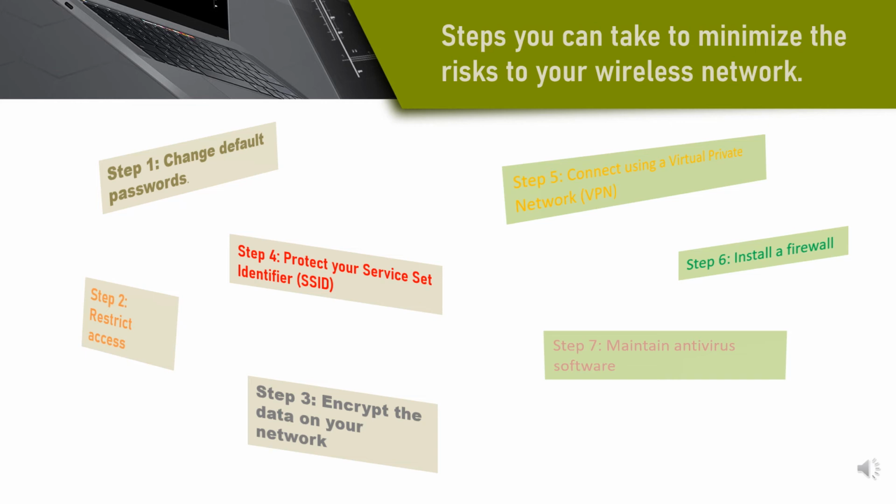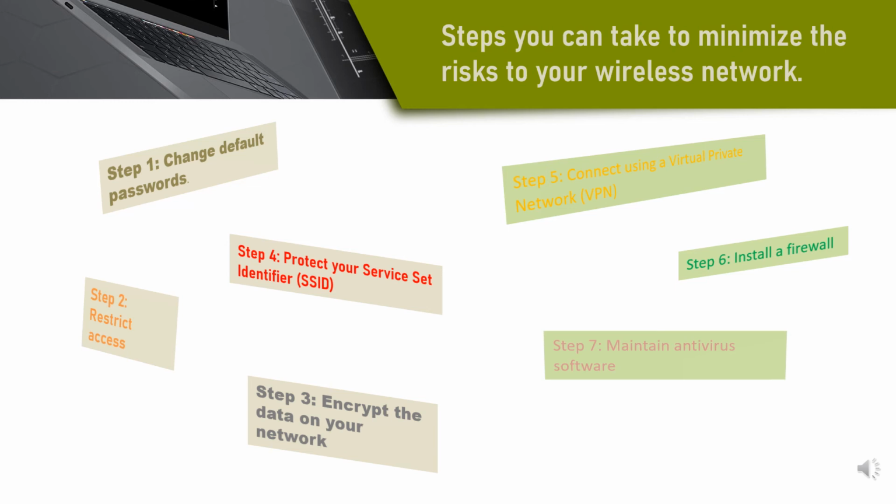Step 3. Encrypt the data on your network. Encrypting your wireless data prevents anyone who might be able to access your network from viewing it. There are several encryption protocols available to provide this protection. Wi-Fi Protected Access, or WPA, WPA2, and WPA3, encrypt information being transmitted between wireless routers and wireless devices.